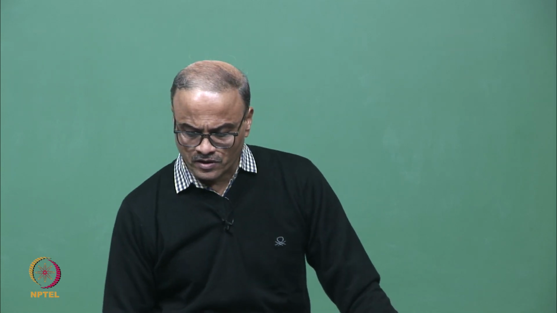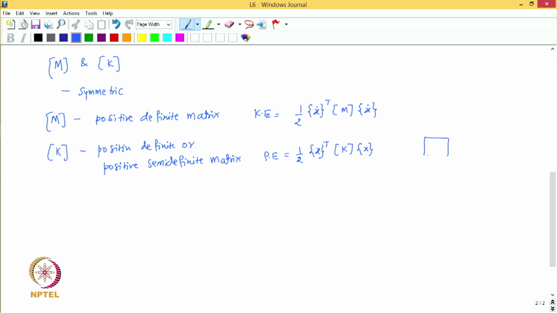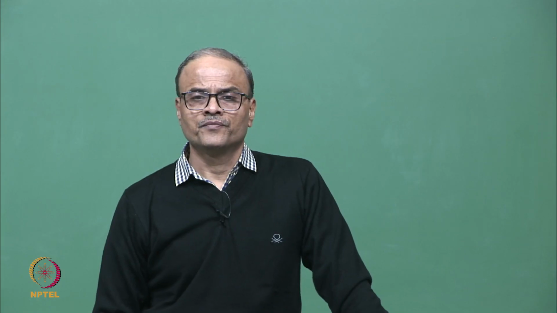For example, if I take a spring mass system, say a mass like this, and if this system moves like a rigid body, so that this mass has displacement x and the second mass also has the same displacement x, then the spring here would be unstretched and there would be no energy stored in the spring. So, the strain energy associated with this kind of motion is going to be 0, right.